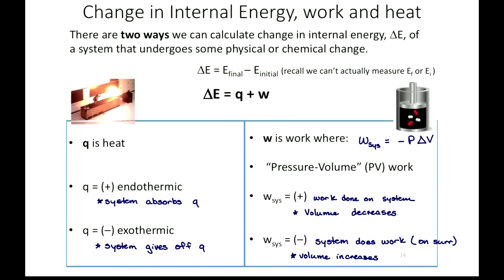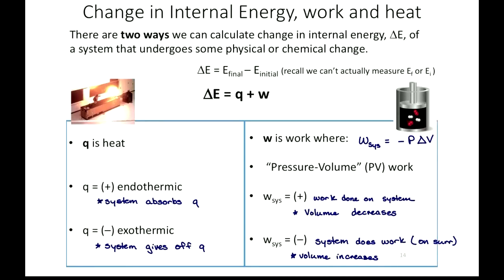So Q, system absorbing heat, versus Q when it's negative, which means that the system loses energy. We observe a lot of energy coming off, being emanated from the system. The system is giving off energy. We call this an exothermic reaction.